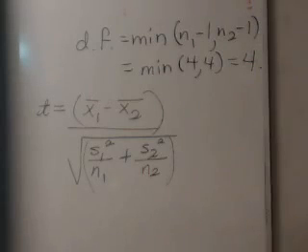Let me see if I have this typed up here. Check me on the subtraction for the numerator. 4.34, doing x1 bar minus x2 bar. Is that what you're getting? Anybody back that up? Yes? Okay.